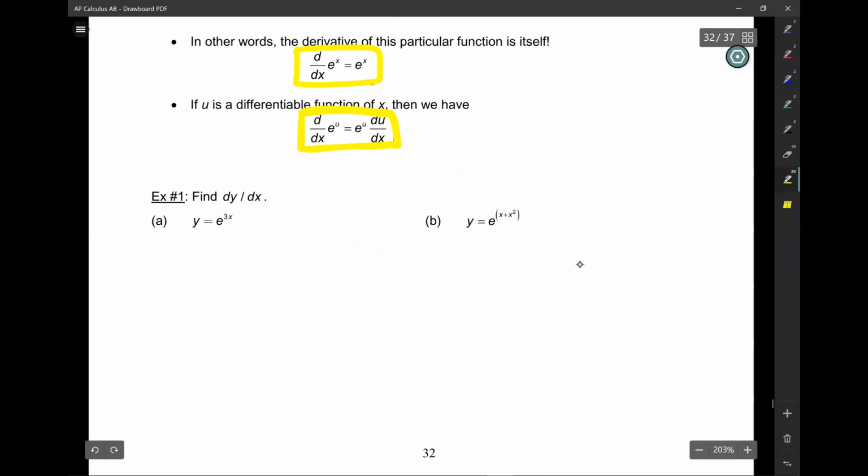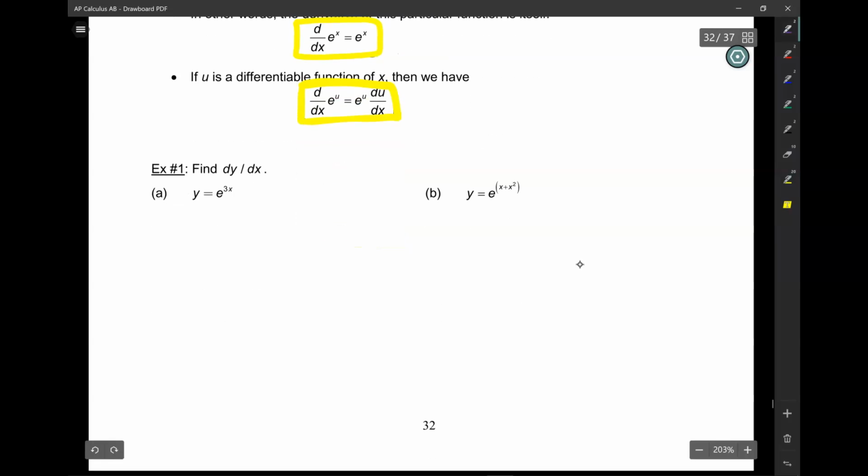So let's do a couple. d dx of e to the 3x. Well, the derivative of e to the anything is e to the anything times the derivative of u, which is just 3. So this is 3e to the 3x.